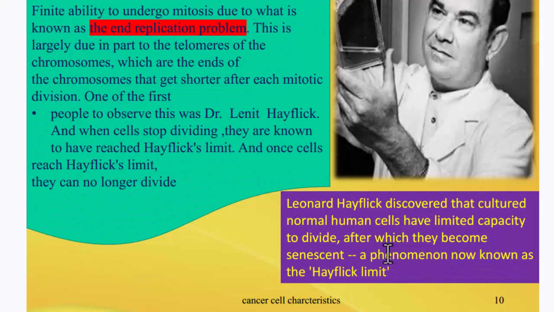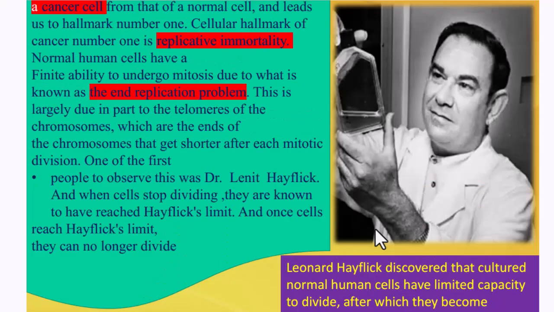Leonard Hayflick discovered that cultured normal human cells have a limited capacity to divide, after which they become senescent, a phenomenon now known as the Hayflick limit. About 60 divisions or less is the limit of normal cell division.